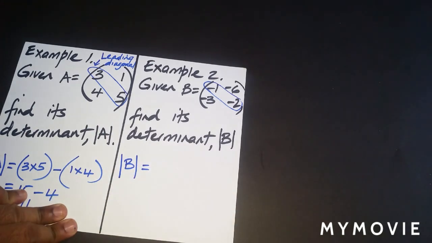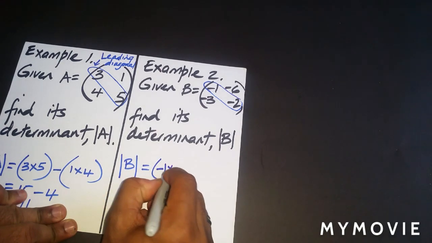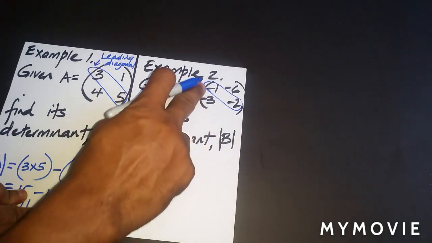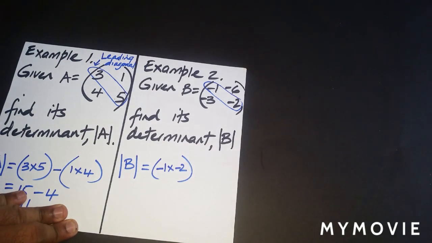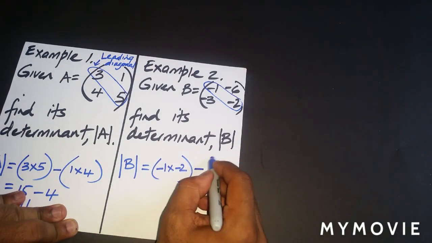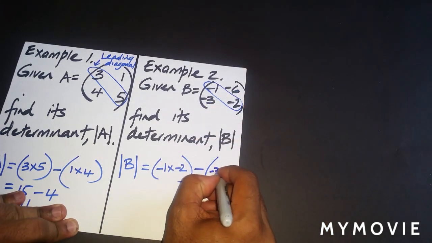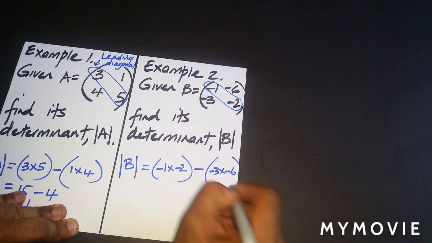So the determinant of matrix B is equal to the product of the elements in the leading diagonal, and you can clearly see that the elements in the leading diagonal are -1 and -2. So the product of those 2 elements minus the product of the other 2 elements, which are -3 and -6. So we're just going to put that there.